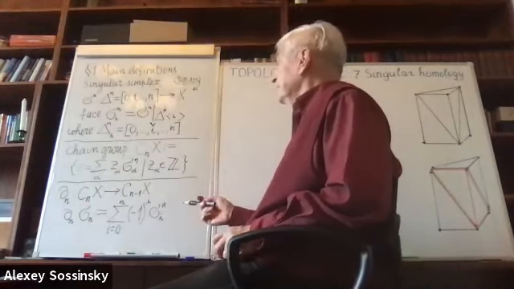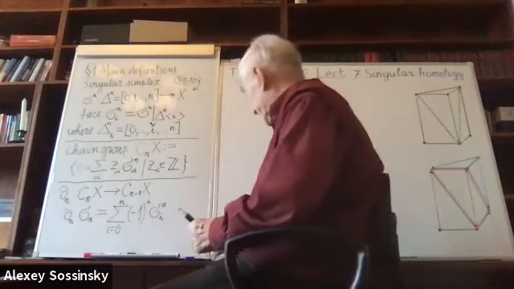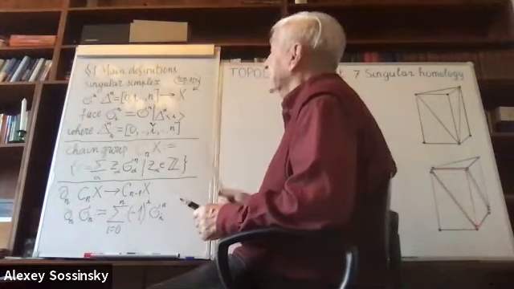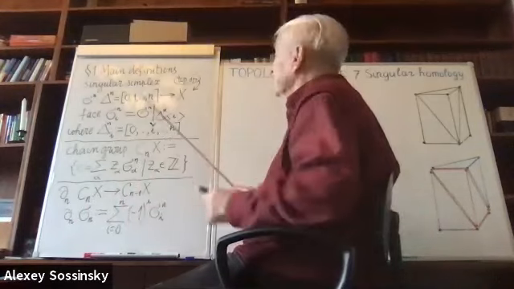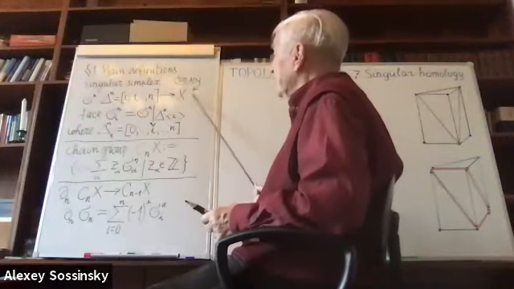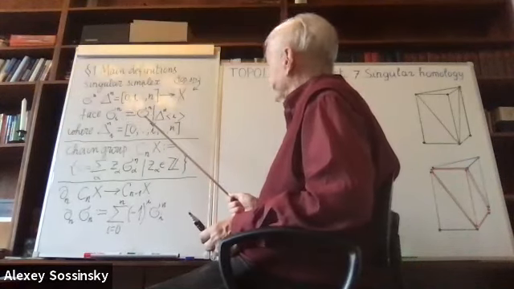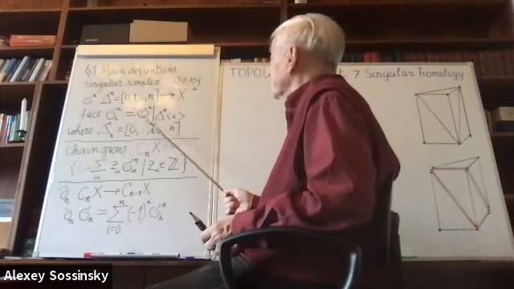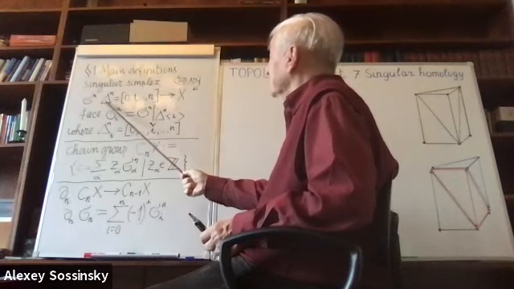Okay, let me repeat all of these things. We first define a singular simplex simply as a continuous map of a geometric simplex to the given topological space. A face of a simplex is the restriction of the given simplex on a face of the geometric simplex here.